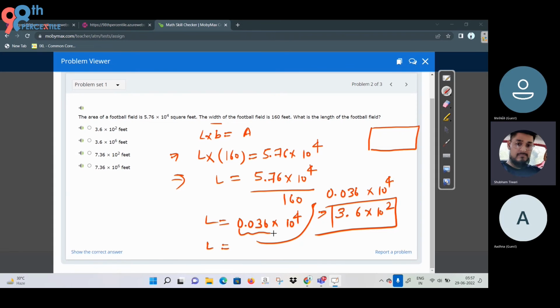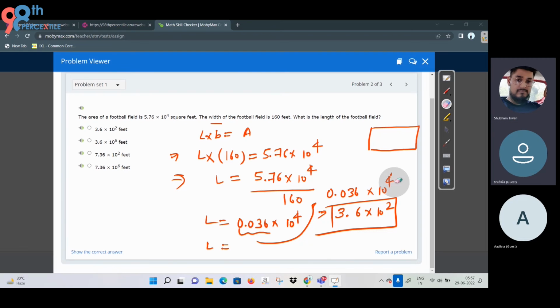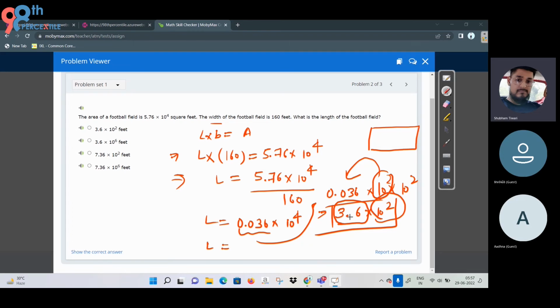I hope you got this. What I did is I just broke this 10 power 4 into 100 times 100, which is 10 square times 10 square. 10 square is nothing but 100. If 100 is multiplied into this, the number is now between 1 and 10. And whatever the exponent is, let it remain as it is. So that is my answer, 3.6 times 10 square.